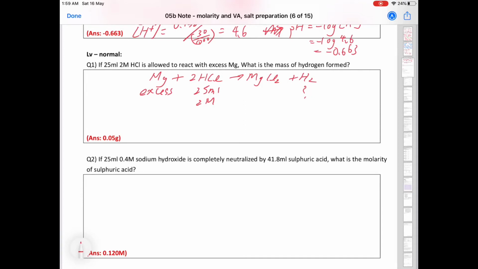Is it okay? Then follow the same procedure. First step must be to find out the number of moles of a known species, and you have no choice. All the information you know is about one species, HCl. So the first step: number of moles of HCl equals MV.